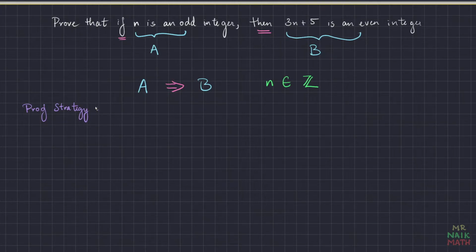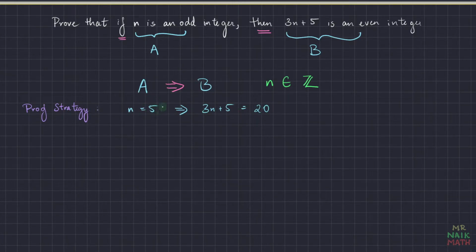Now let's suppose that n is some kind of odd integer. Say n equals 5. What does that say about 3n plus 5? When you plug in 5 for n, you get 3 times 5, which is 15, plus 5, and that is 20.